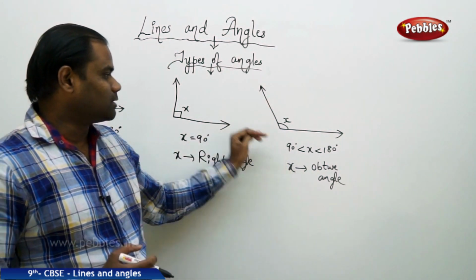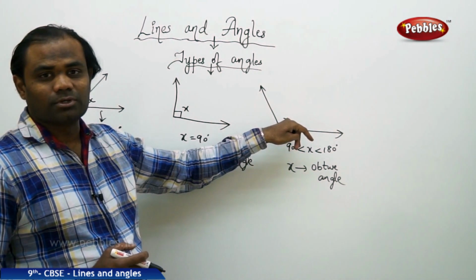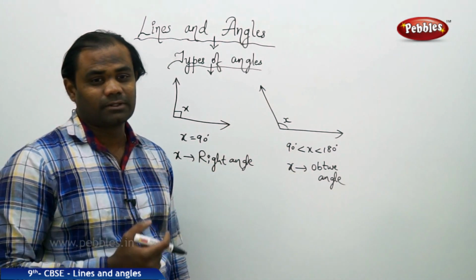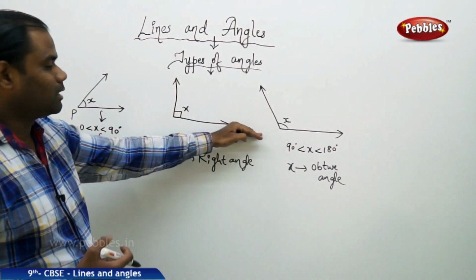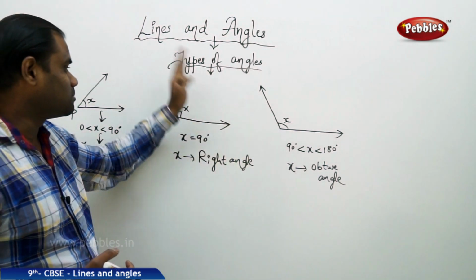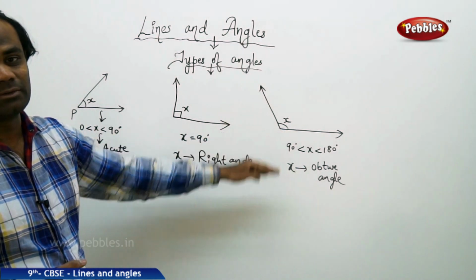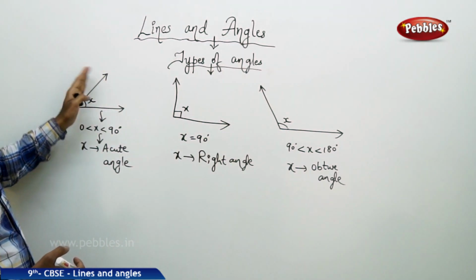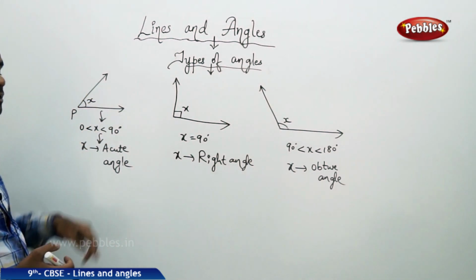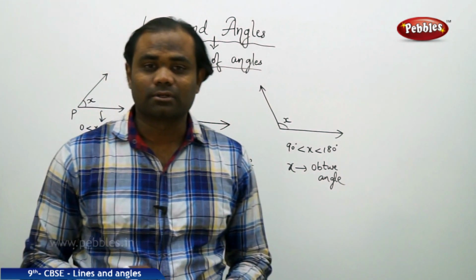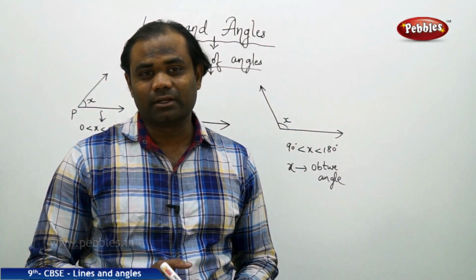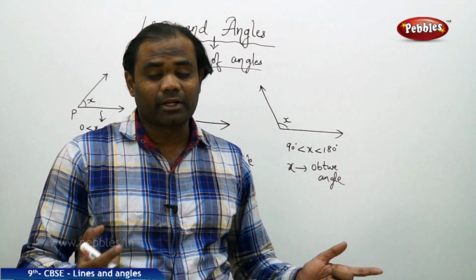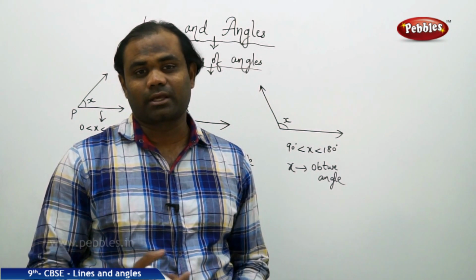So for these 2 lines or the rays, the angle is obtuse because it is more than 90 and of course less than 180. These 2 lines make an angle of 90 degrees because they are exactly perpendicular to each other. These 2 rays are obviously less than 90 degrees and therefore such angles are called acute angles. Types of angles connected with lines and angles: acute angle, right angle, and obtuse angle.